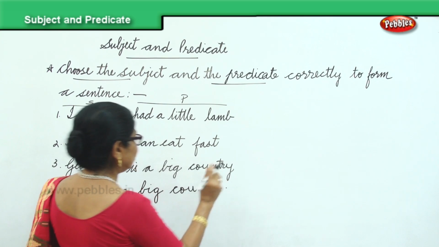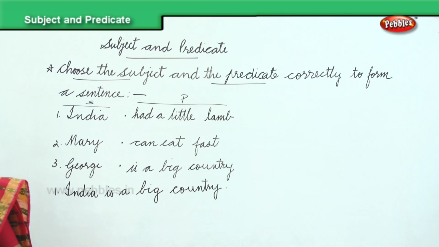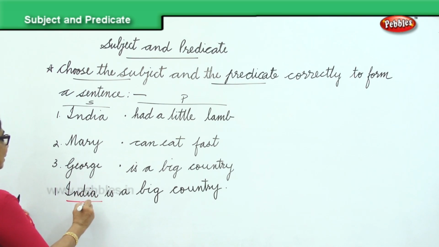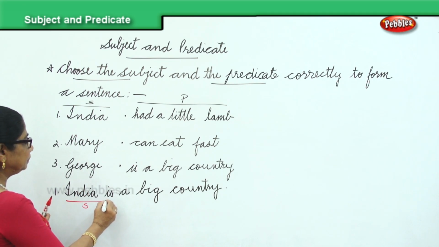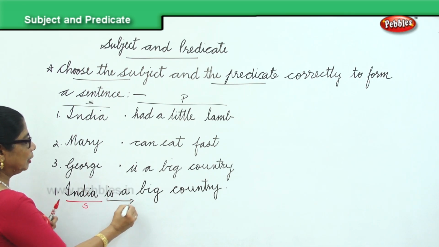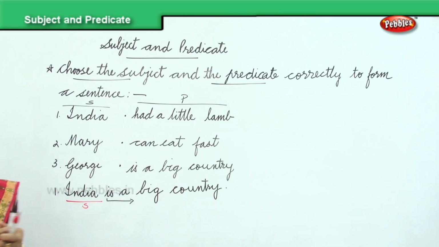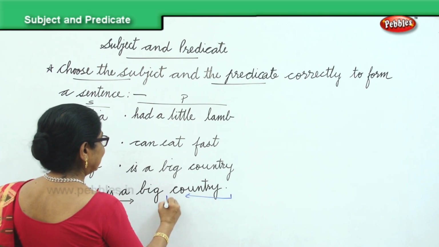Okay, now let's look at it. India is a big country, and we have here India. As I said, India is the subject, is a big country is the predicate. Okay, India is a big country, and you have the second part as predicate.